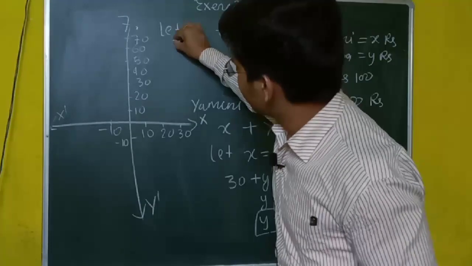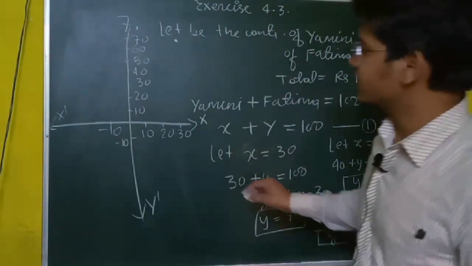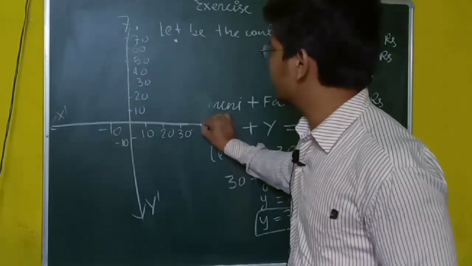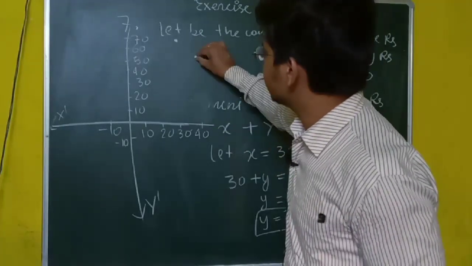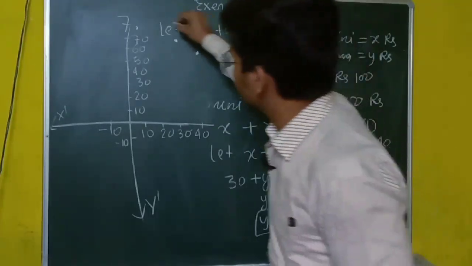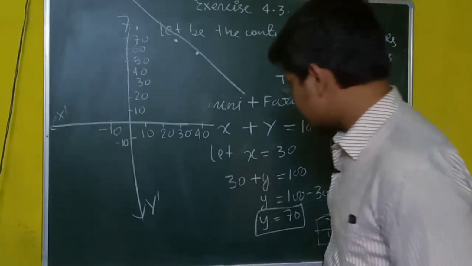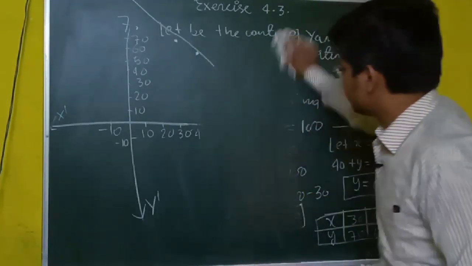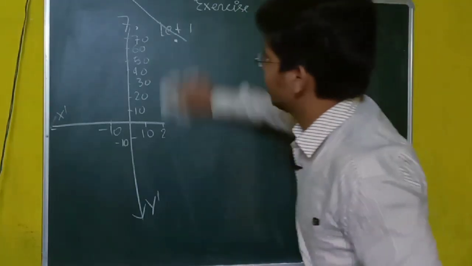So 30 and 70 will lie here. Then 40 and 60, so somewhere near here we will have 40 and here we will have 60. So 40 and 60 will lie here. We will join these both points. I am making this graph here one more time, so you will understand this graph clearly.